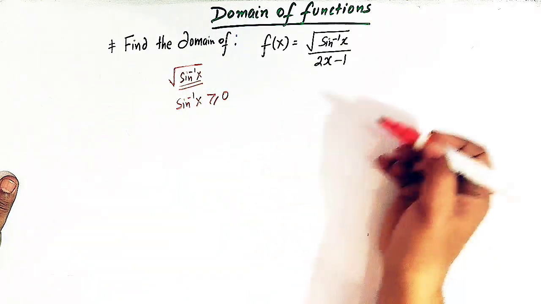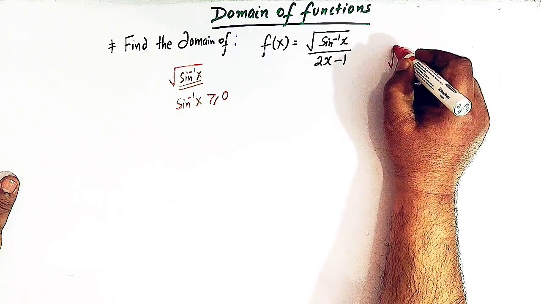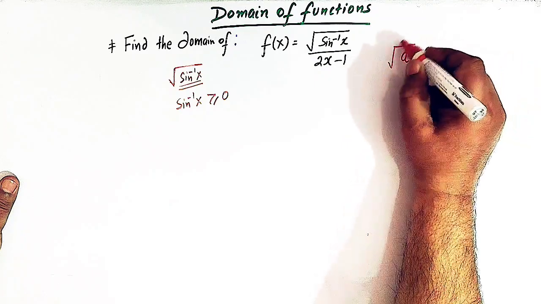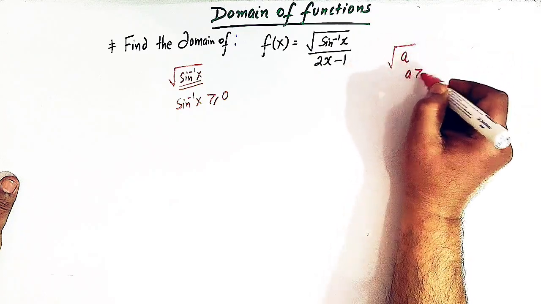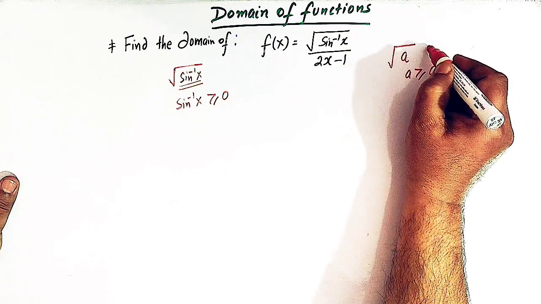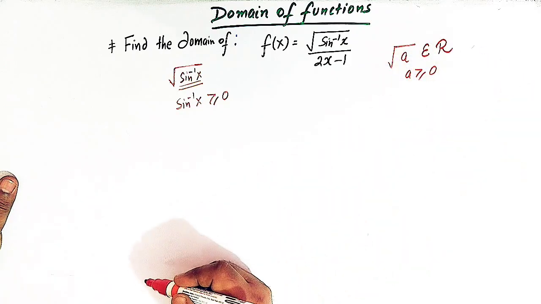Because from simple algebra we know that if we have an expression square root of a, then a must be greater than or equal to 0 for square root of a to belong to the set of real numbers, right?